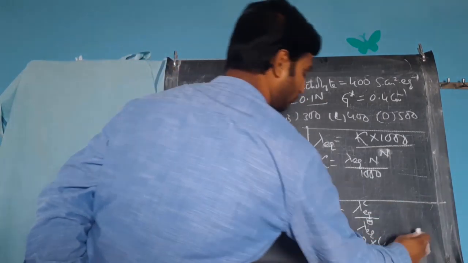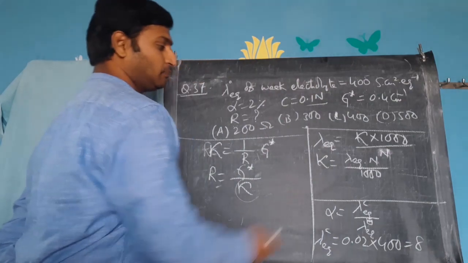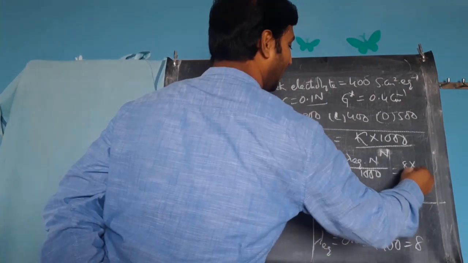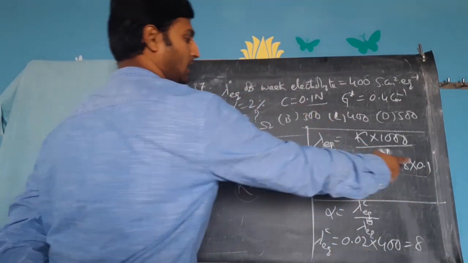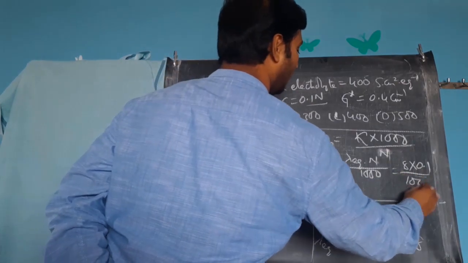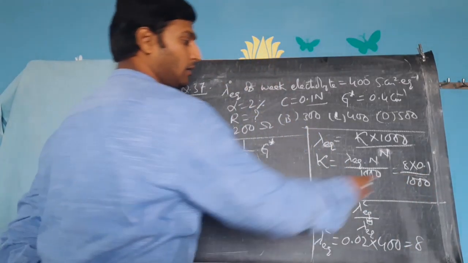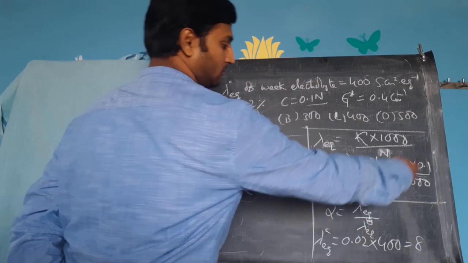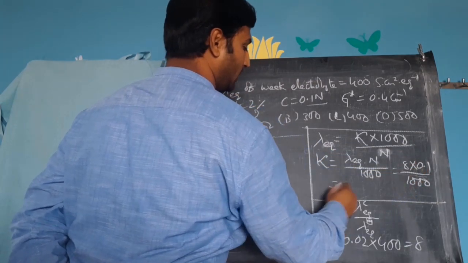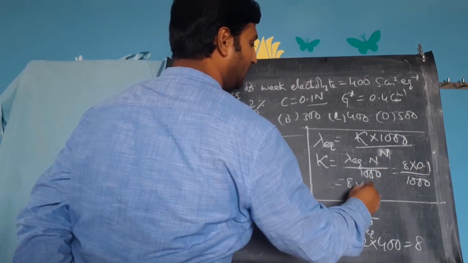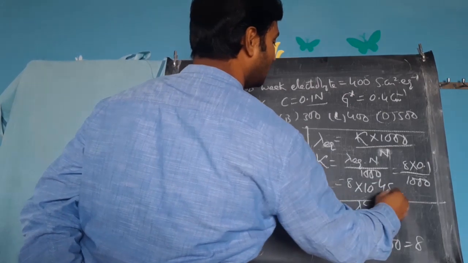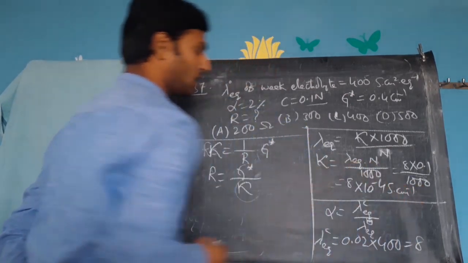So it will be 2 into 4, 8 it is going to be. Substitute here, 8 into 0.1, because normality is given 0.1, divided by 1000. Okay, 1000 goes up and becomes 10 power minus 3. Already you had 10 power minus 1 here. So 8 into 10 power minus 4 S centimeter inverse will be your kappa value.